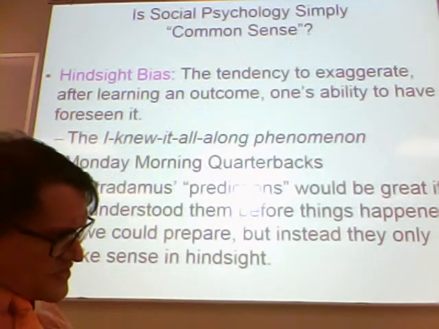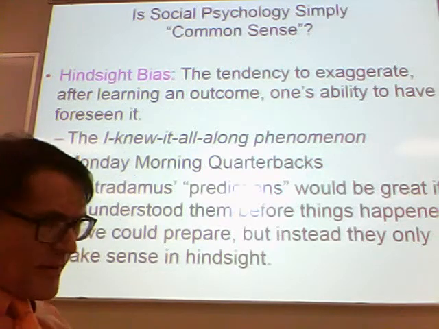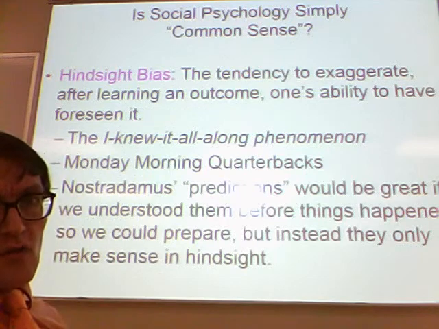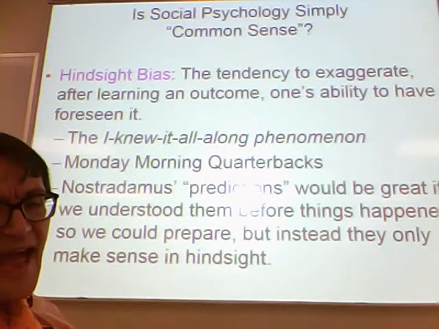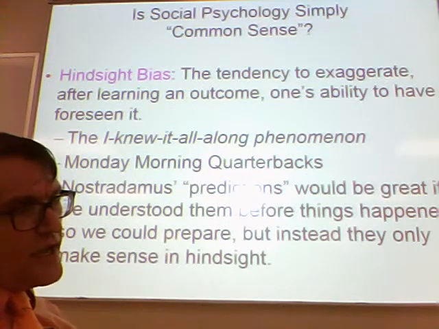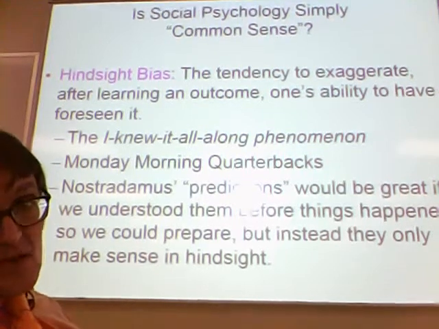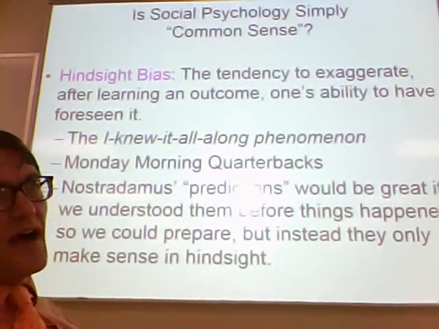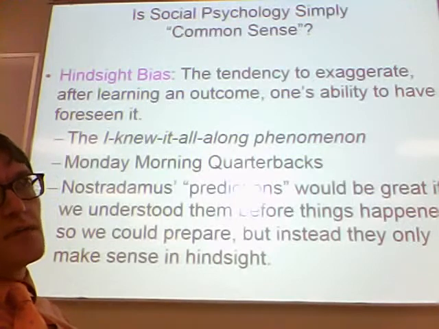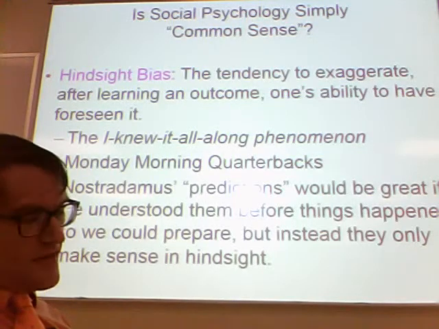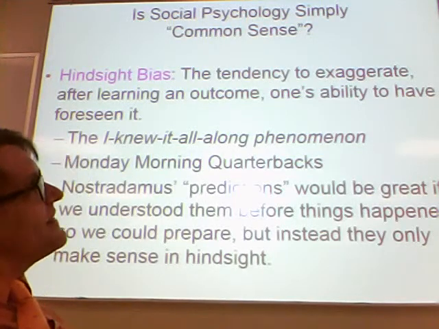Some other things that mess with social psychology is the hindsight bias, or the I-knew-it-all-along kind of thing. After an event has happened, and this happens in so many situations, we look back at a criminal and say, oh, it was inevitable that they were going to do this or something. That doesn't help us.